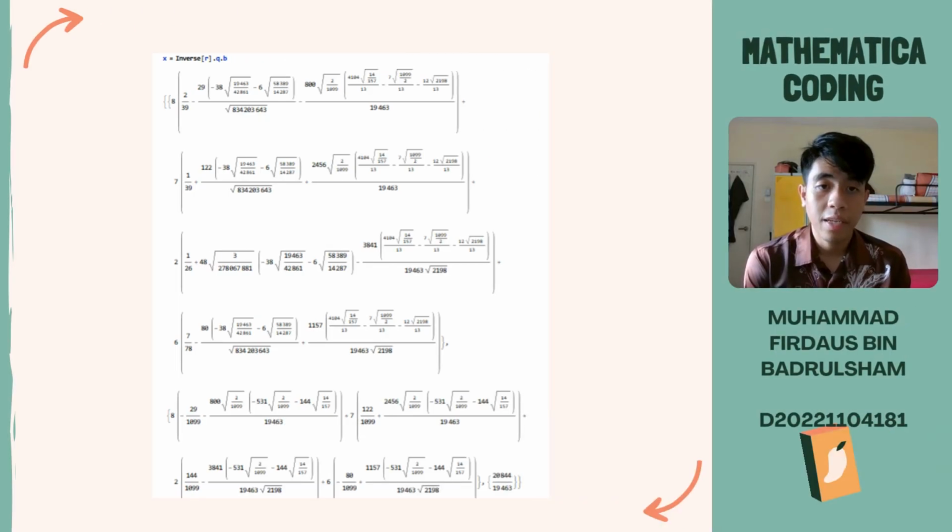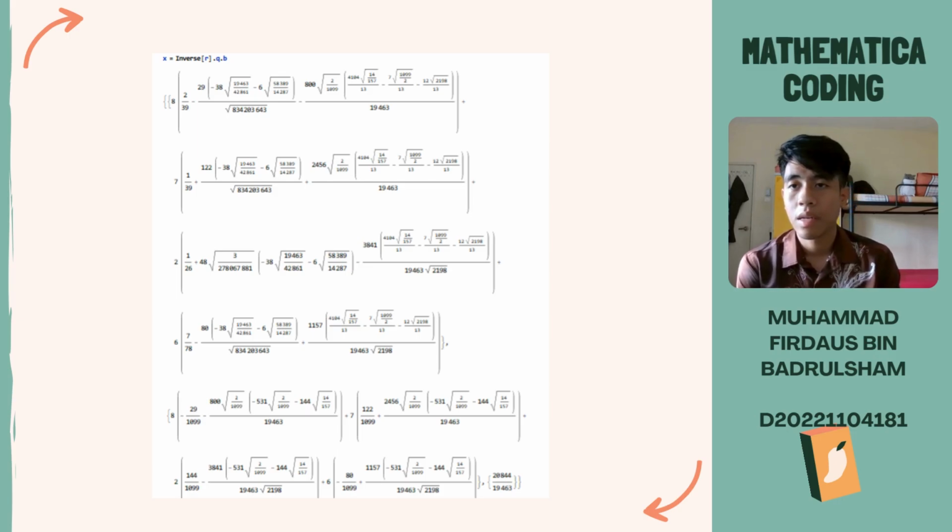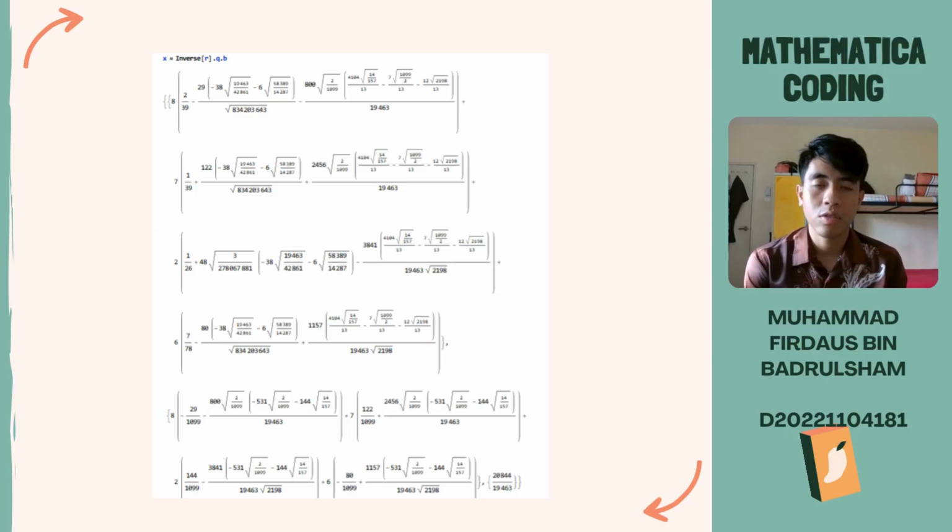For this part, the code is x equals Inverse[R].Q.B. I define the solution vector x using this formula. Mathematica ensures that no rounding error occurs at this stage, as it carries out the forms of Q and R in matrices.